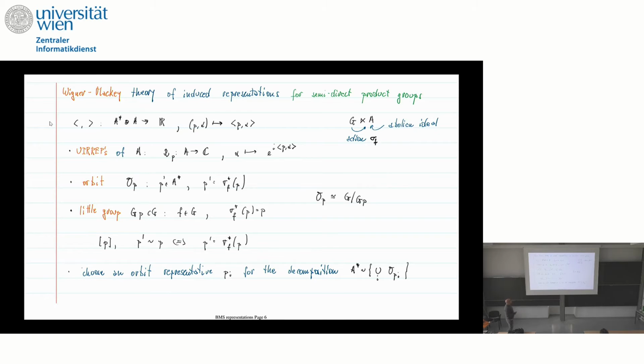So there's always this thing that you never learn completely in as much detail as you should, but that the generations before us really knew by heart, which is the Wigner-Mackey theory of induced representations for semi-direct product groups.